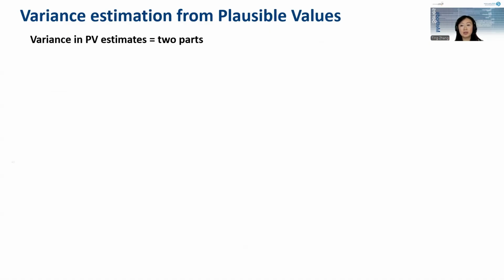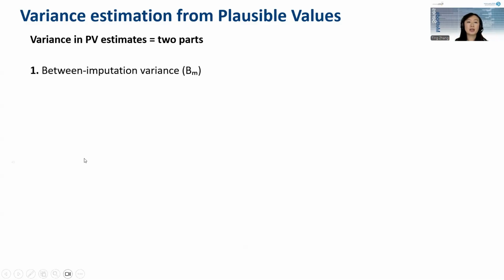The first part is the measurement error we talked about, captured by all 10 plausible values. Another error is from the sampling. Paul already talked about it. So sampling also has sampling errors. So we have to combine the two parts together.